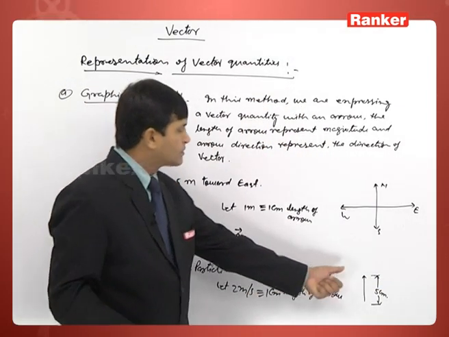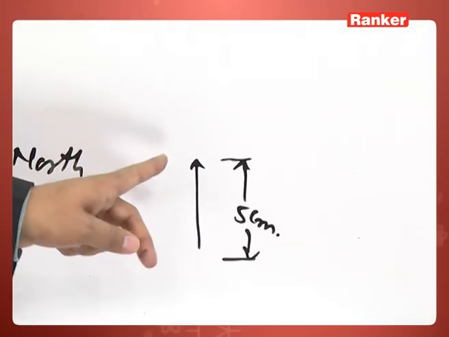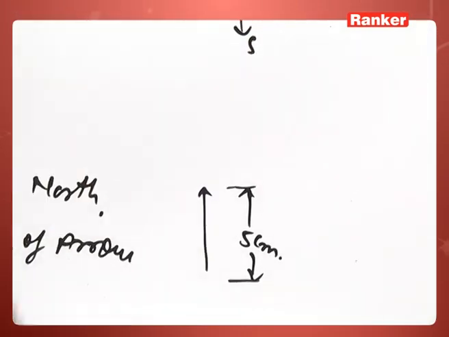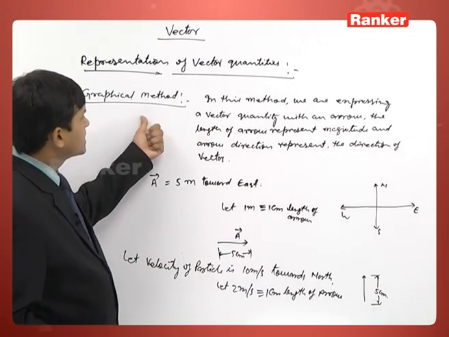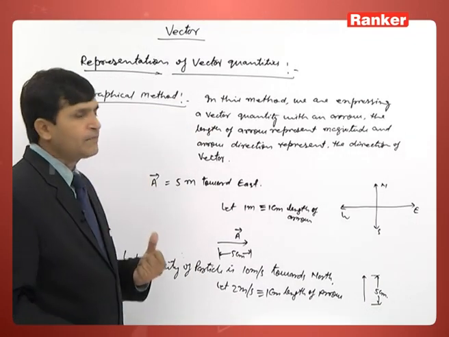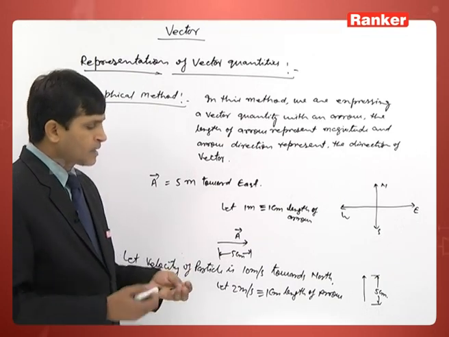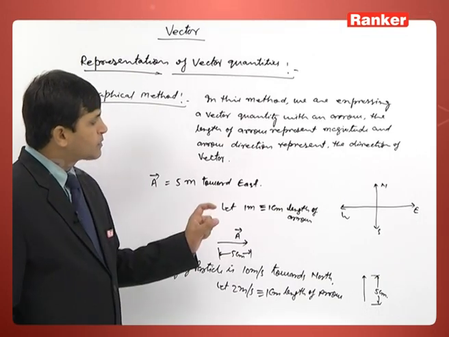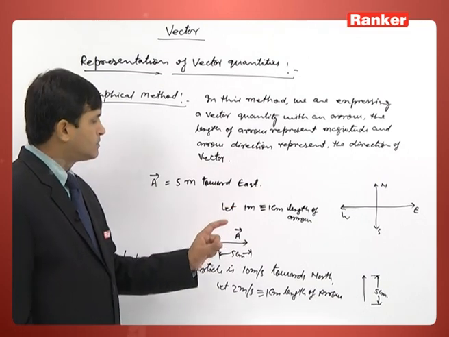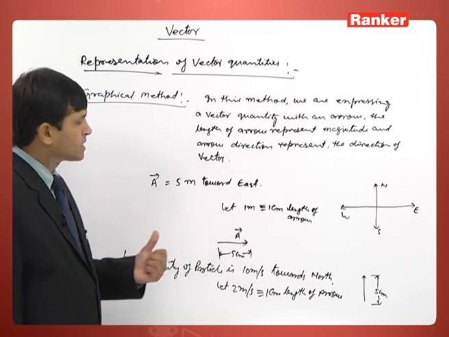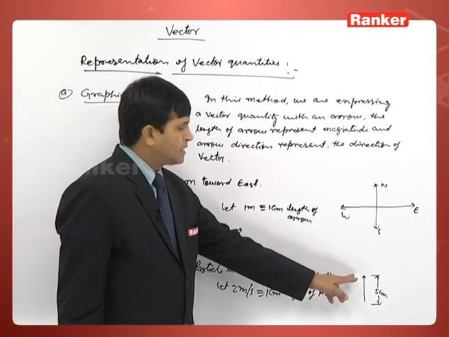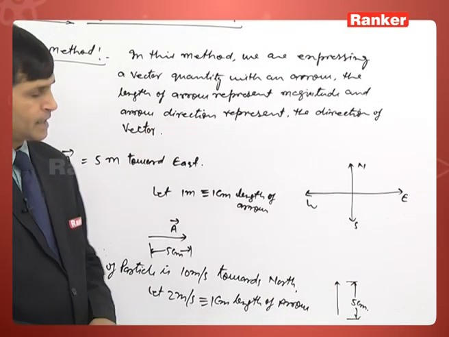In this arrow, this is called the head and this is called the tail. So the main point: in the graphical method we represent a vector with an arrow, the length of the arrow represents the numerical value, and the direction of the arrow represents the actual direction of the vector.